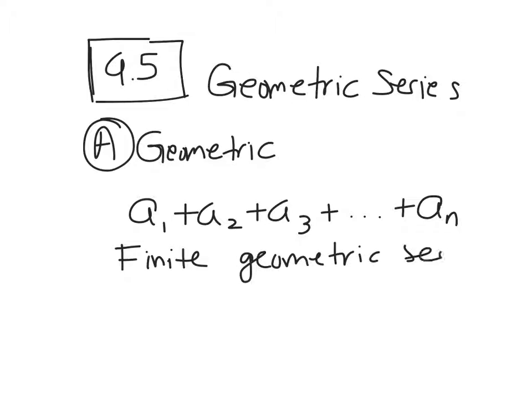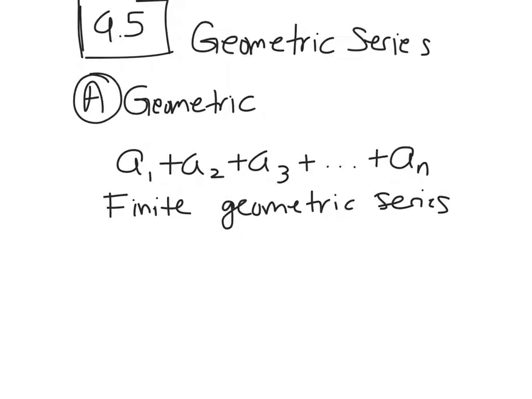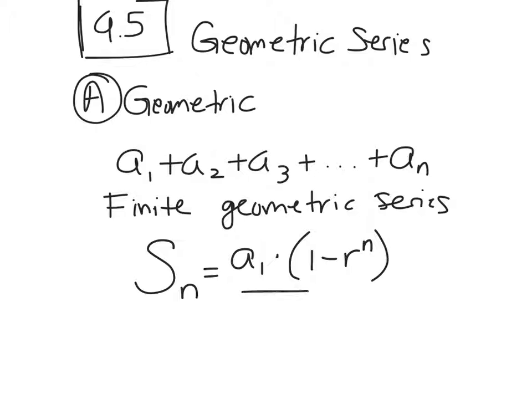If you're adding up a finite number of numbers, so 10 numbers or 20 or 30 or 12 or whatever, and it's a geometric sequence, then what you want to do is this formula. The sum of n numbers is equal to, and this is what I like to write, a sub 1 times (1 minus r to the n) over (1 minus r).